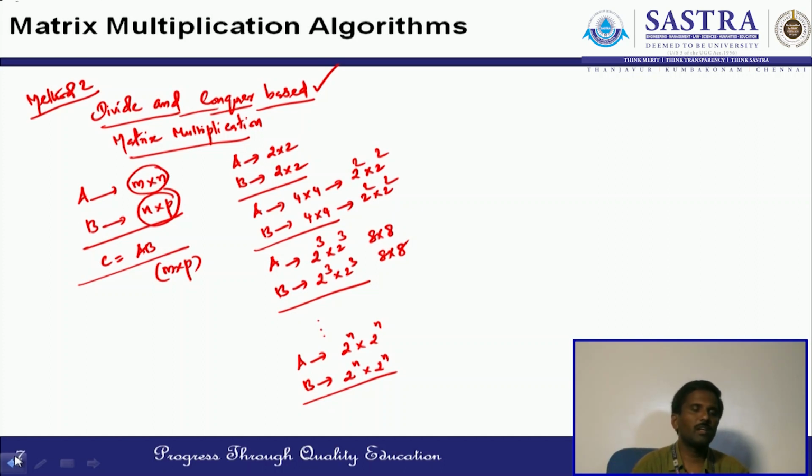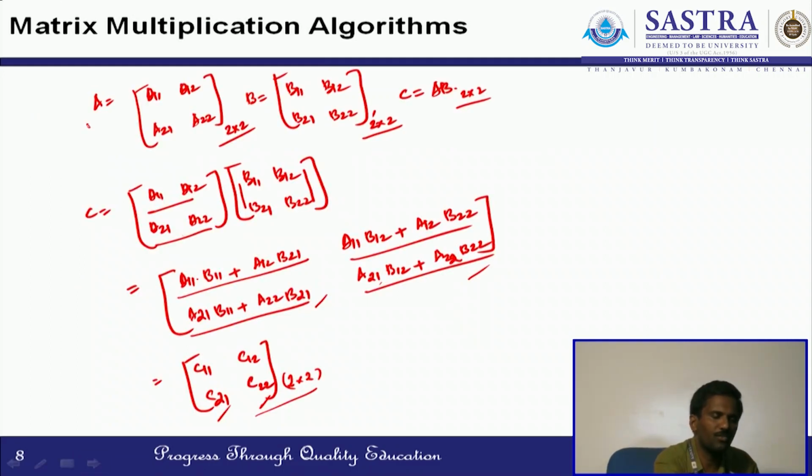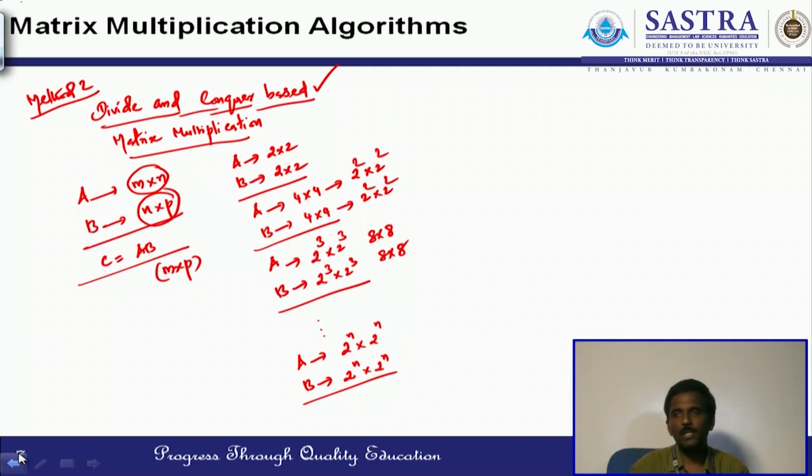Otherwise, we can split the matrix into smaller sub-problems recursively until the sub-problem size reaches a smaller problem. So when the input size reaches 2 by 2, the problem is a smaller problem. Otherwise, we need to split the problem into smaller sub-problems recursively. This is the logic of a divide and conquer based matrix multiplication.